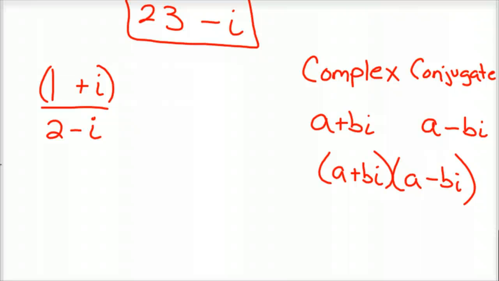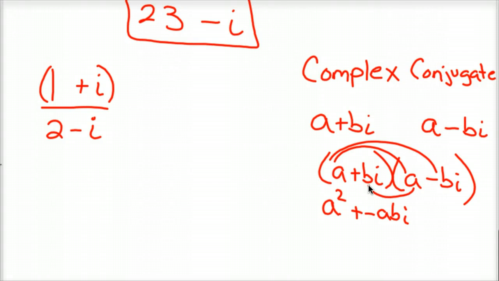So if you multiplied this, you'd have a squared plus, minus abi, and then plus abi, and then minus b squared i squared. Well, minus abi and plus abi, that's 0.